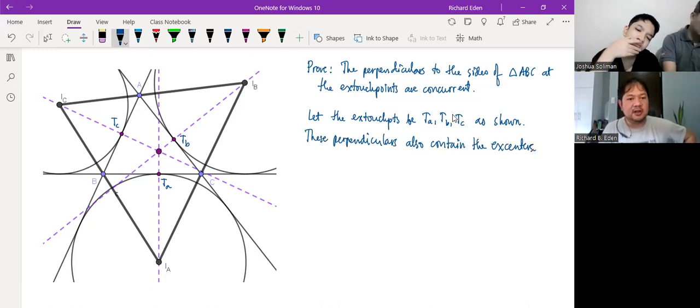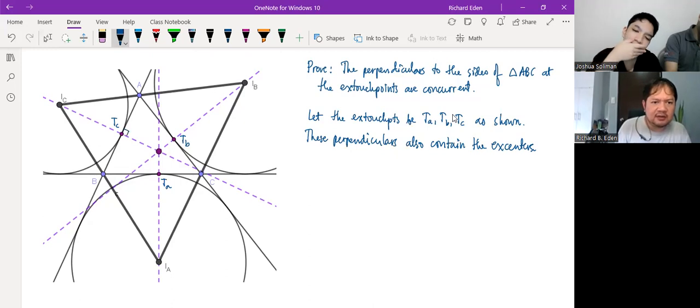So as you can see, IC is on the perpendicular through T sub C, and then you have all these 90-degree angles.